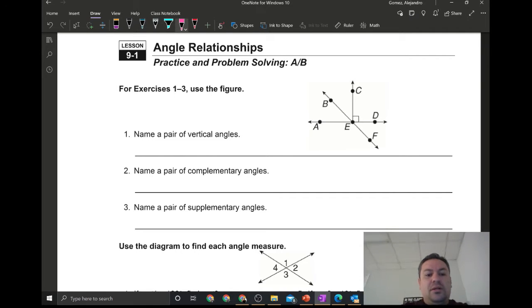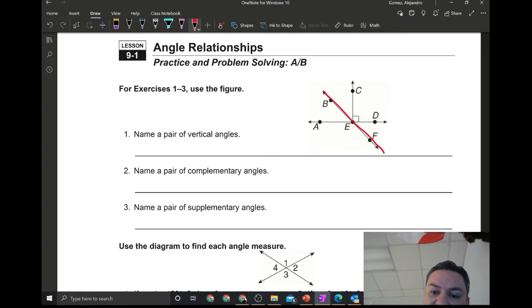So for vertical angles, if I look at this, I can find my intersecting lines right there. My vertical angles are going to be this one right here and this one right here. The vertex is going to be the letter in the middle, and the other two go in alphabetical order.